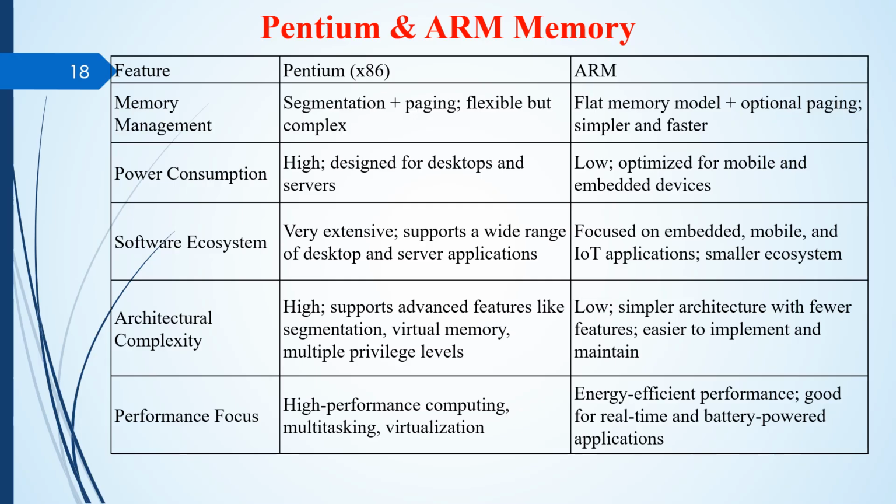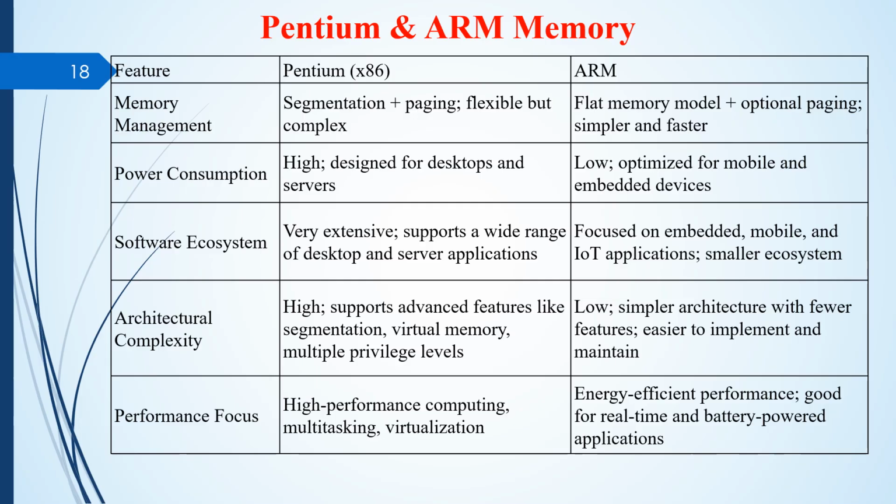ARM power consumption is low, optimized for mobile and embedded devices. About software ecosystems, Pentium is very extensive, supports a wide range of desktop and server applications. ARM is focused on embedded, mobile, and smaller ecosystems.